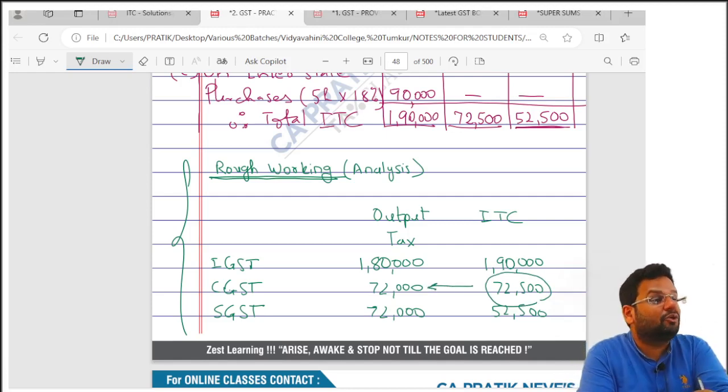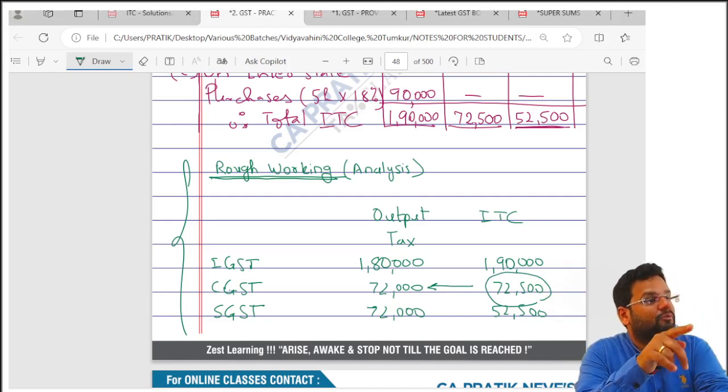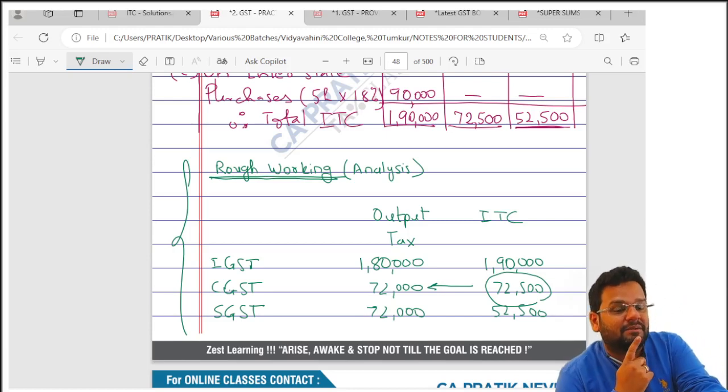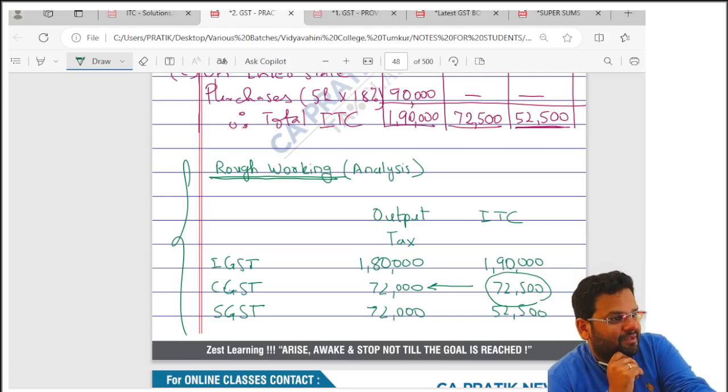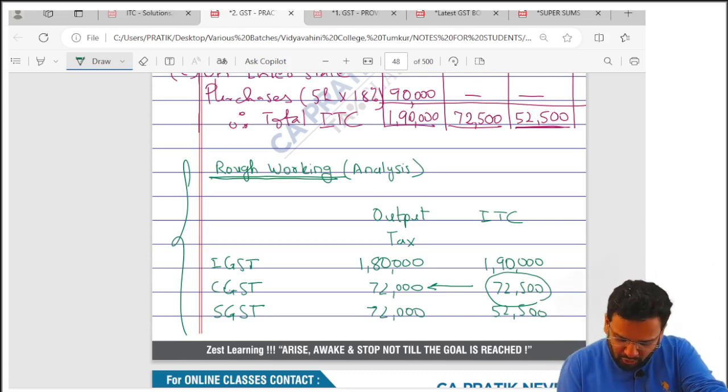So there is no need to use ITC of IGST to pay output tax of CGST. So directly, can the remaining ITC of IGST be utilized to pay output tax of SGST? So that I can pay minimum in cash. That's why this is an 8 marks question. Because if you don't do this analysis, you will end up paying more tax.